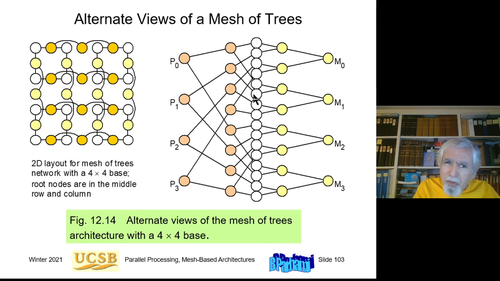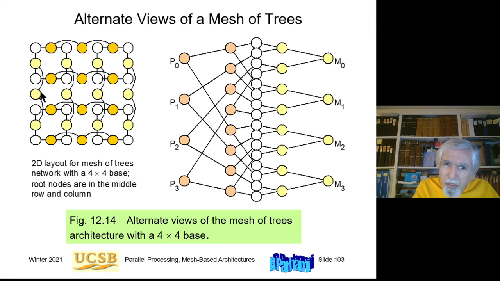This is another drawing of 2D mesh of trees that shows that it is possible to use it as a processor to memory interconnection network. So if you have 4 processors and 4 memories, basically the 4 processors are these roots, the orange roots.